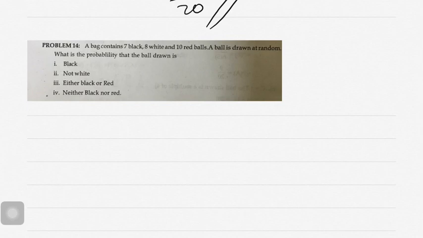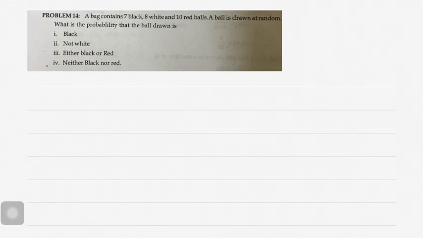So there are how many balls? 7 black balls, 8 white balls and 10 red balls. Correct? So 7 plus 8 plus 10 will be the sample space. 7 plus 8 plus 10 is 16, 17, 25.